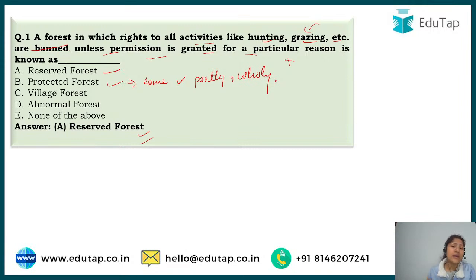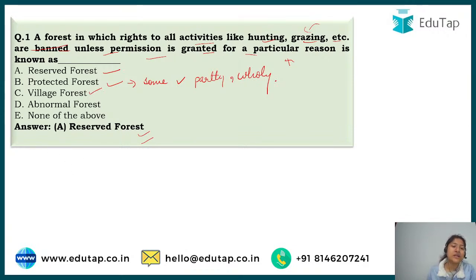Maybe no gas connection, so they need the forest for wood so that they can cook and do other such activities. That is why protected areas are those areas in which some communities are given some liberty to use the resources. And Vikram and Arun also said the correct answer for this one.